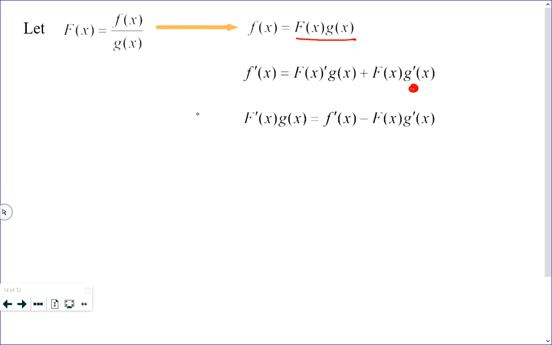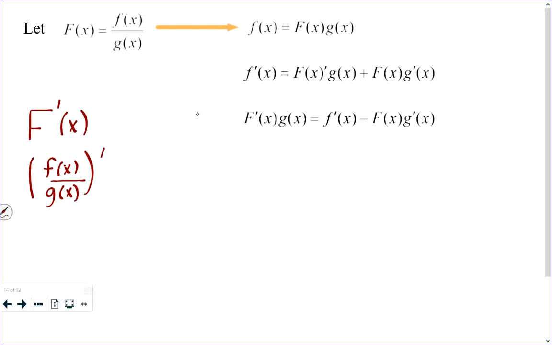And now, since what I am interested in is this, because capital F of x is f over g, I'm really after this. Right? That's what I want to know.